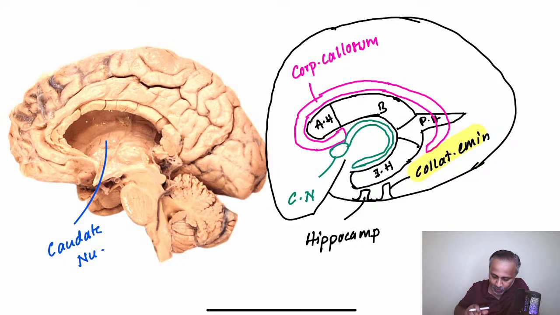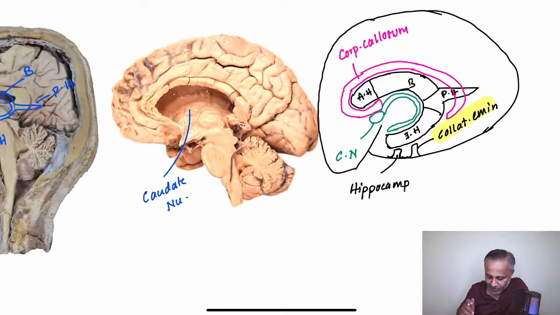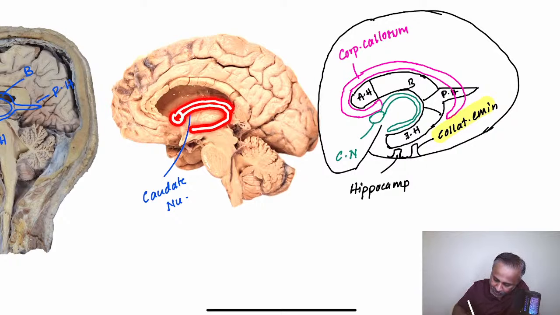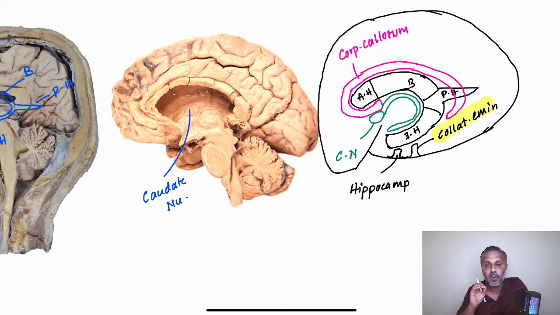That is what I wanted to show you in this image. This is the caudate nucleus: head, body, and then the tail of the caudate nucleus. The tail of the caudate nucleus forms what structure? The roof of the inferior horn of the lateral ventricle, whereas the floor has the hippocampus and collateral eminence.